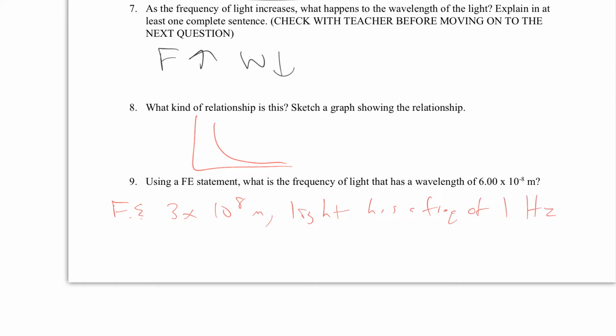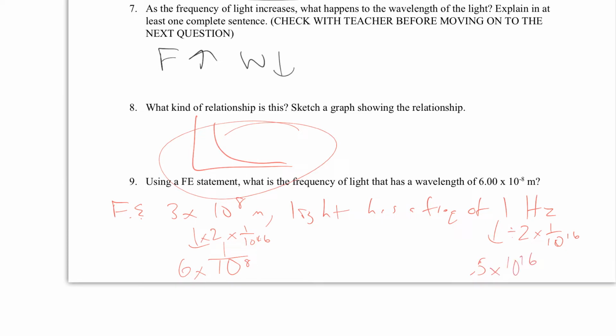If the new wavelength is 6 times 1 over 10 to the 8th, we'd be multiplying by 2 times 1 over 10 to the 16th, which means here we'd be dividing, because this is an inverse relationship, by 2 times 1 over 10 to the 16th. 1 divided by 2 is 0.5 times 10 to the positive 16, and we can kind of check this answer. This number went way down, and this number went way up, which matches our relationship.